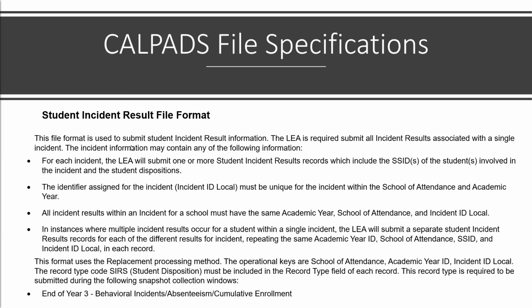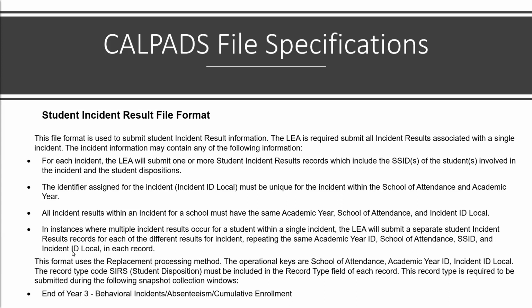It tells us for each incident, you should submit the student results record, which include the SSIDs of the students involved. So if you submit SINC records for 3 students, we would expect to see at least 3 incident result records, one for each student.